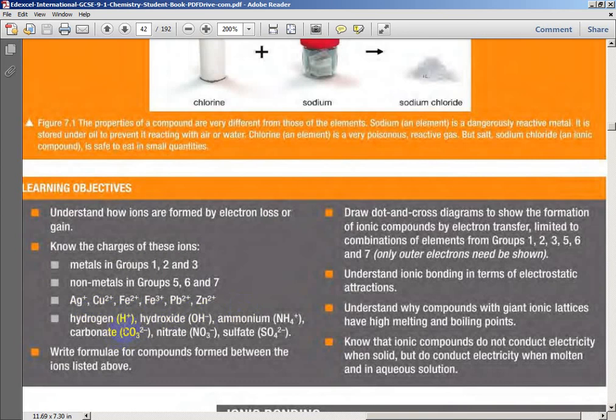Hydrogen ion H plus, hydroxide OH minus, ammonium NH4 plus, carbonate CO3 2 minus, nitrate NO3 minus, sulfate SO4 2 minus. Okay, now we'll know the charges of these ions.